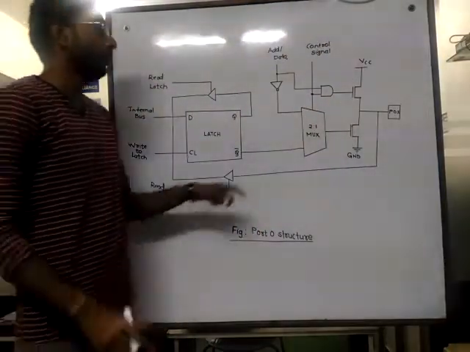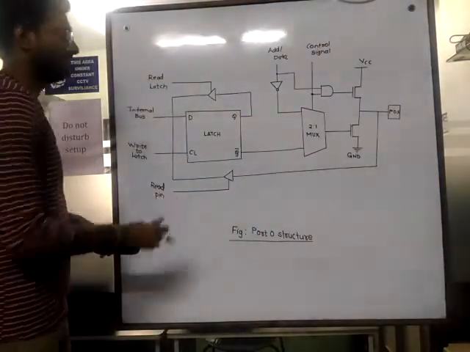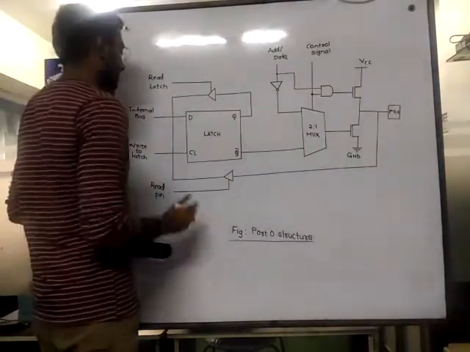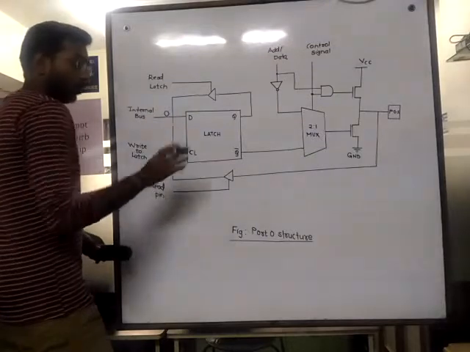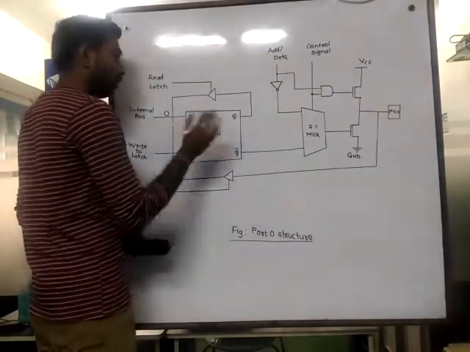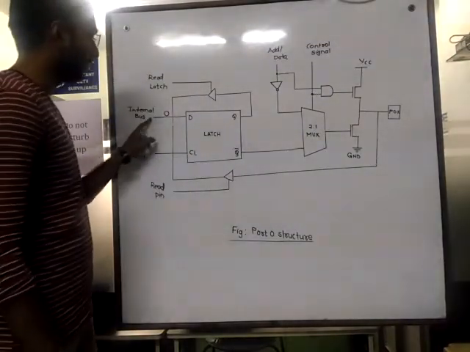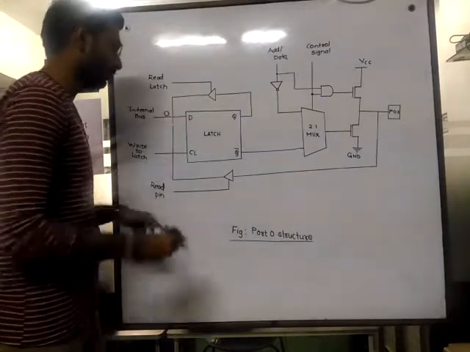Okay, now we will make this port an output port, means we will write 0 here. To configure port 0 as an output, first the internal bus D will be 0.